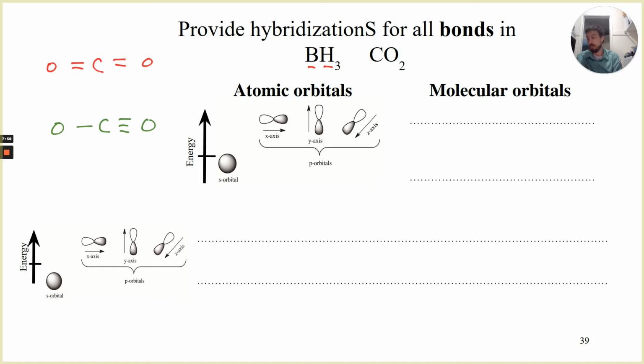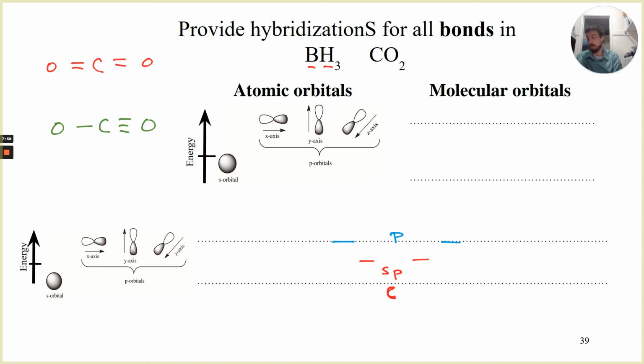Okay, so if we go ahead and start with the carbon, and this is an extra long line because I'm going to do it both directions. The carbon, either way we look at it, is sp hybridized. So we'll have our sp hybrid orbitals, and we'll also have a p orbital left over.